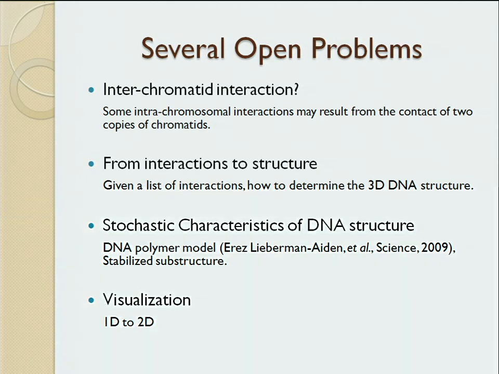Some groups will identify the impact of two chromatids, but often because they are using a sequencing-based approach, they don't know where the reads come from. So this is still open.